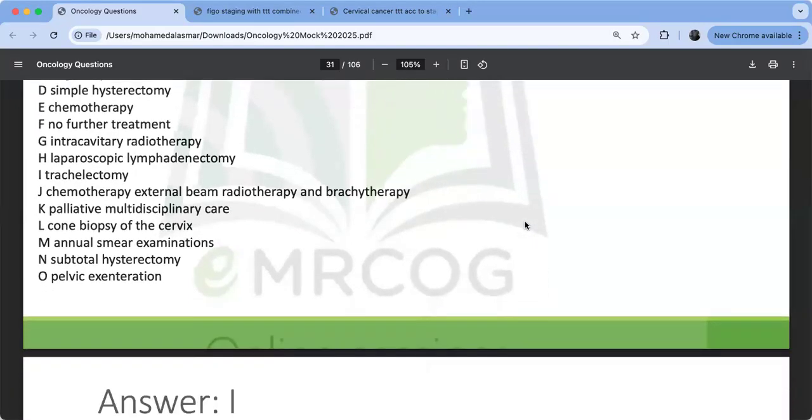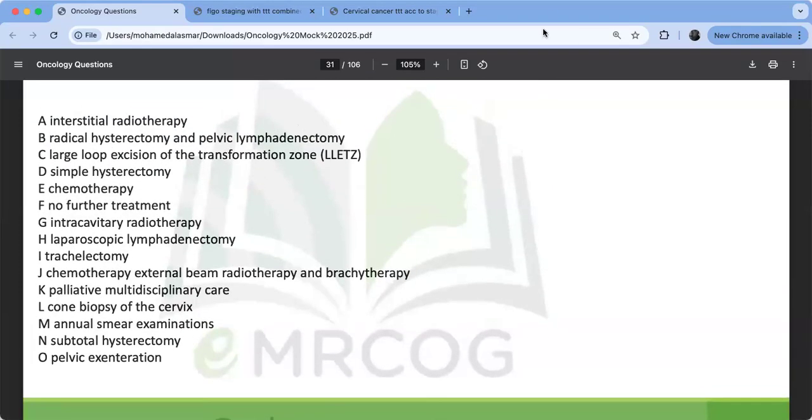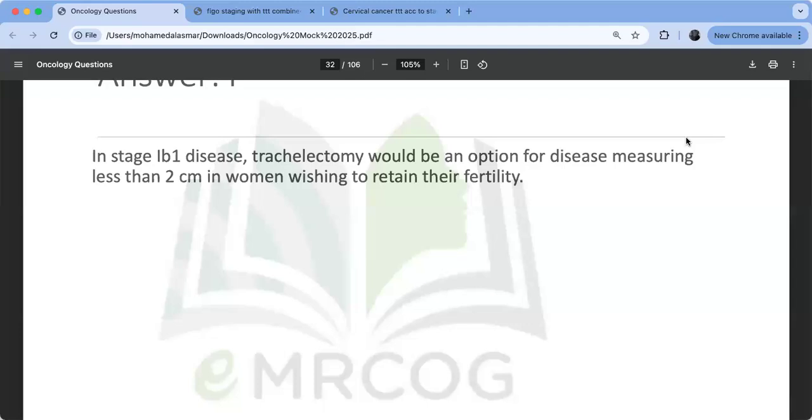Yes. 1B1 or 1B2? 1B1. Okay, so she's eligible for trachelectomy, right? Yes. And if they give you choices between radical or simple trachelectomy, go for radical. Okay?